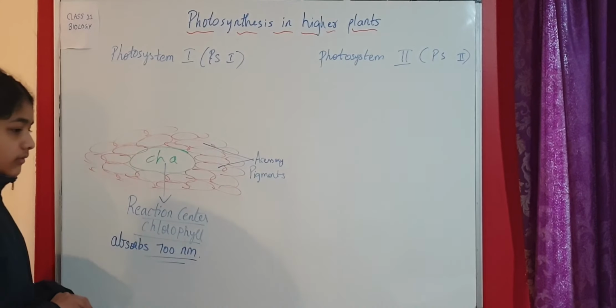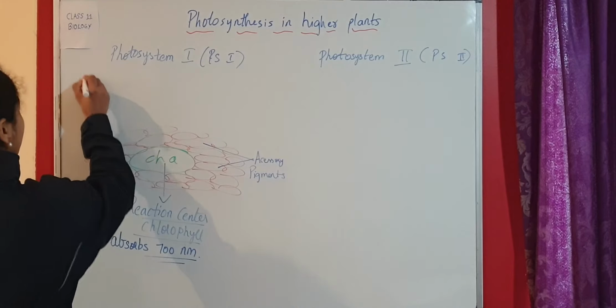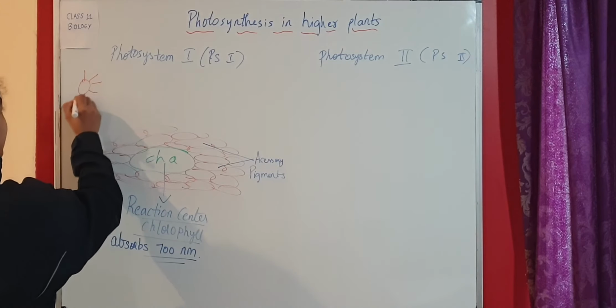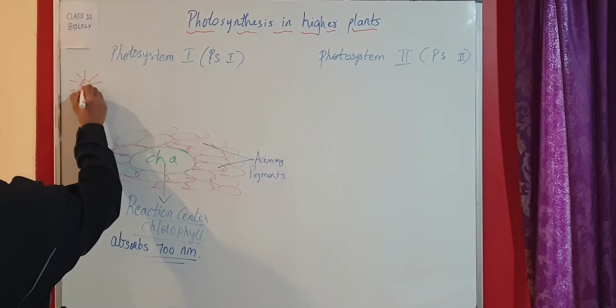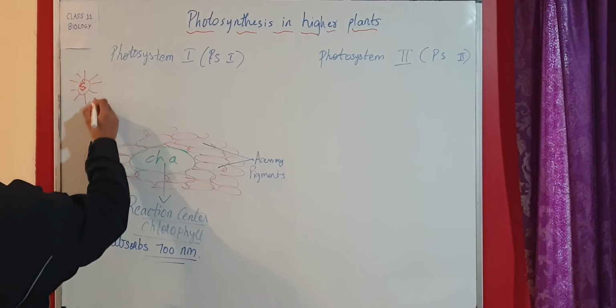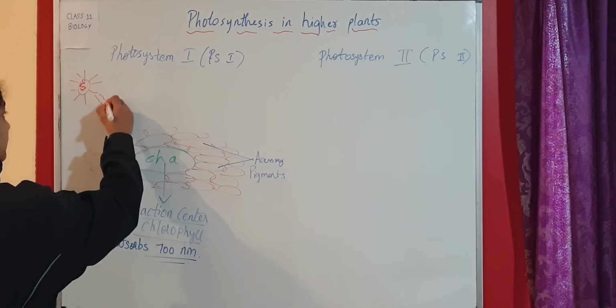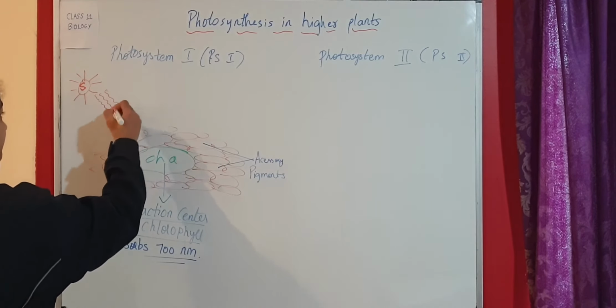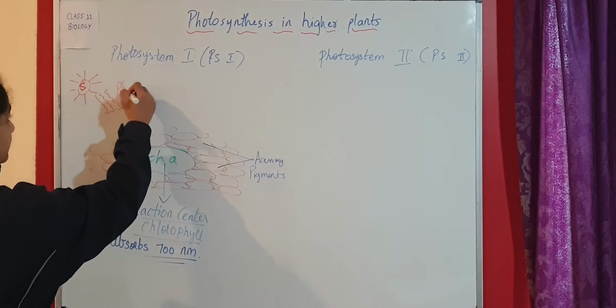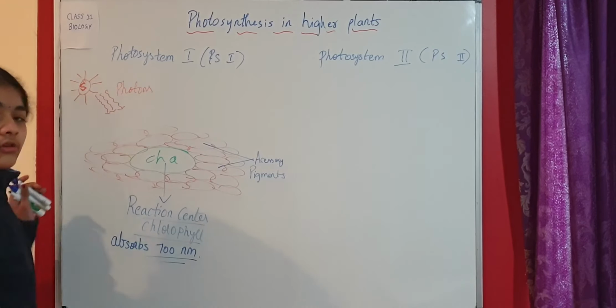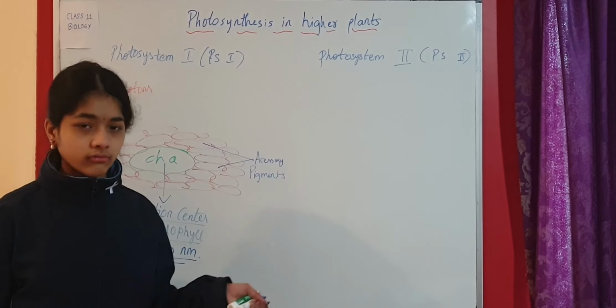Now again, here we have the sun, and from the sun we are getting the heat energy, the wavelengths in the form of photons again. The same thing is going to happen as we saw in the structure of quantosome.